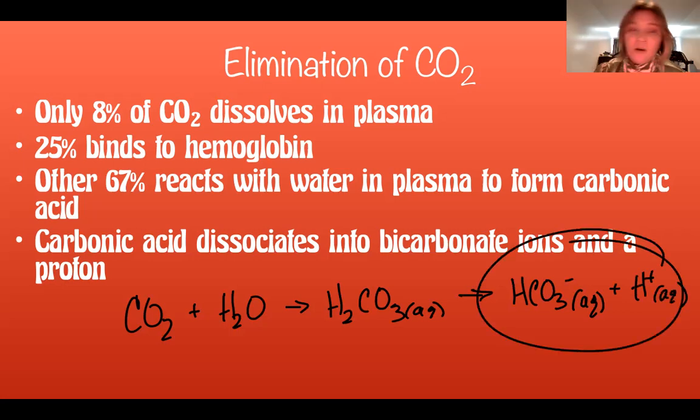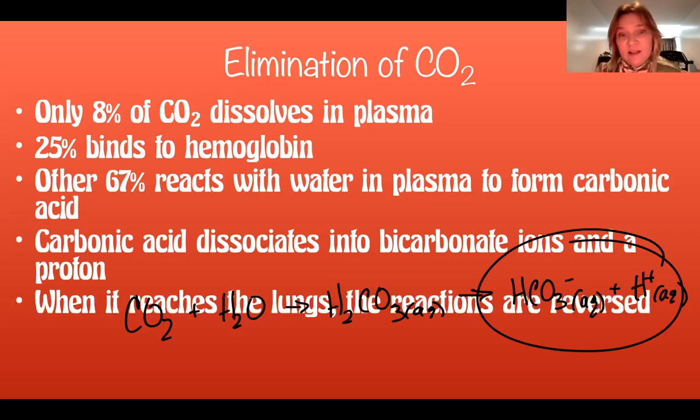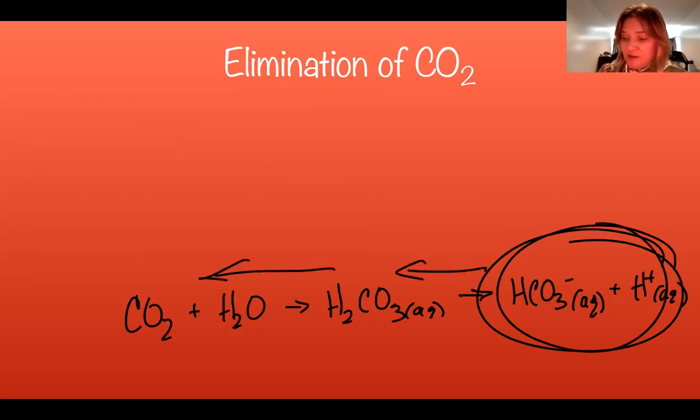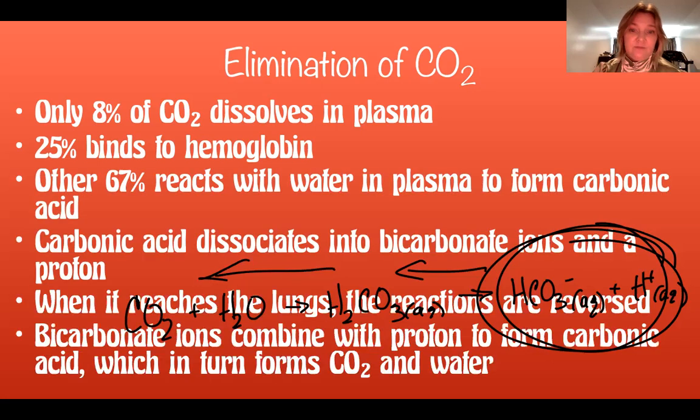So this is the form that most of the carbon dioxide gets transported in the blood. When it reaches the lungs, the reactions are reversed. So that means that these two combine together to form carbonic acid, which then dissociates into CO2 and H2O in the lungs.